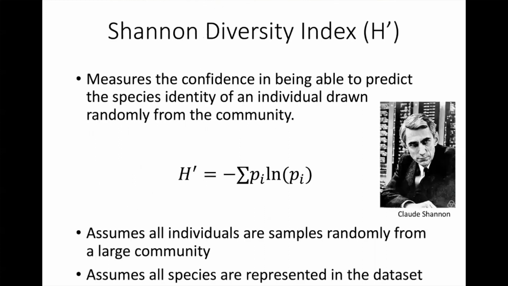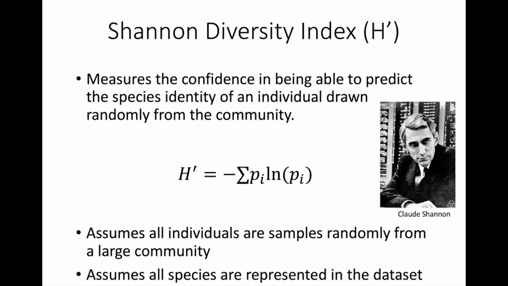Shannon's Diversity Index, named after Claude Shannon, who developed it. Basically, it measures how confident you are in your ability to predict the identity of an individual species drawn from the community. So you imagine that your community is a bag of marbles, lots of different kinds of marbles, and you're reaching in there and you want to predict which color marble you're going to pull out.